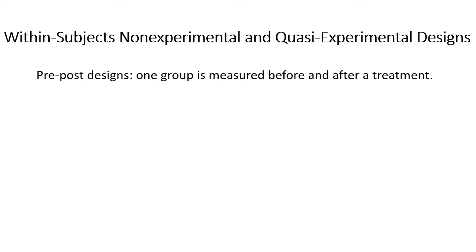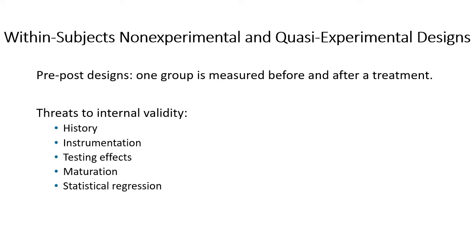Because we don't have a comparison group, we could have those threats to validity that we talked about with the pre-post design that we don't have ways to correct for, like we did when we were talking about the within subjects design before, where one group can get one drug first and then another, and they can swap them around.